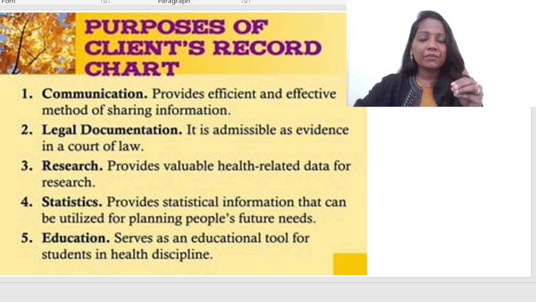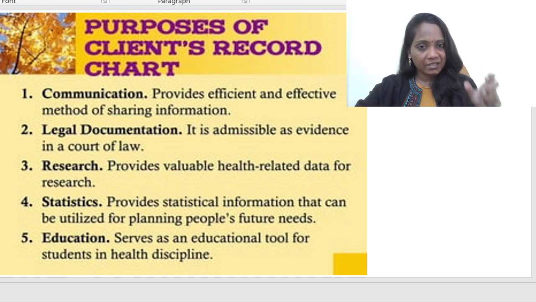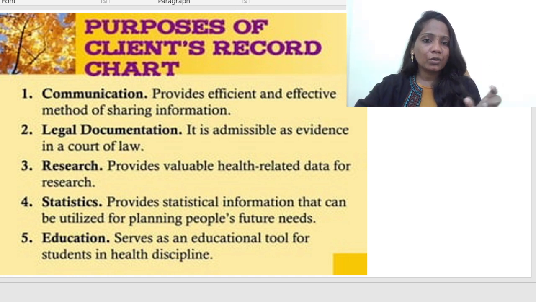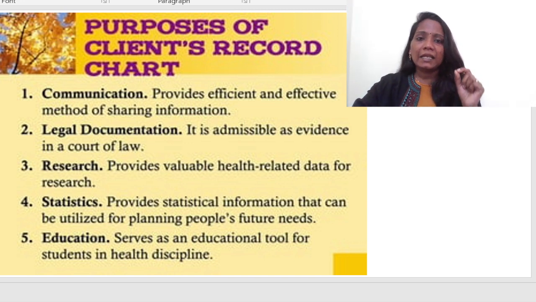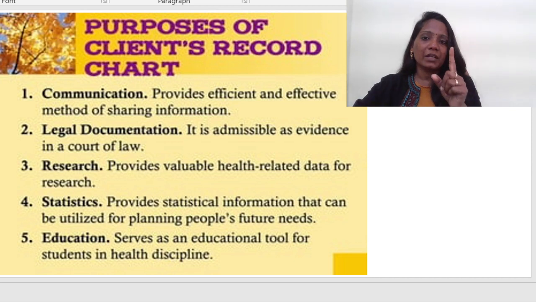It helps communication within the departments and outside the departments. Suppose a pharmacist comes, then she will understand what medications the doctor has written for today, or what doses have changed. So the main purpose in the healthcare setting is communication.